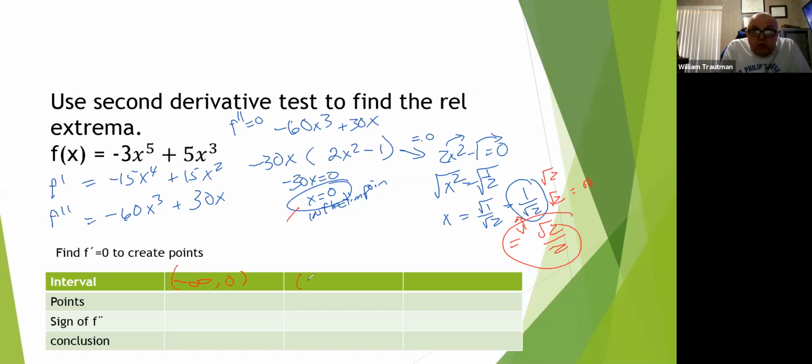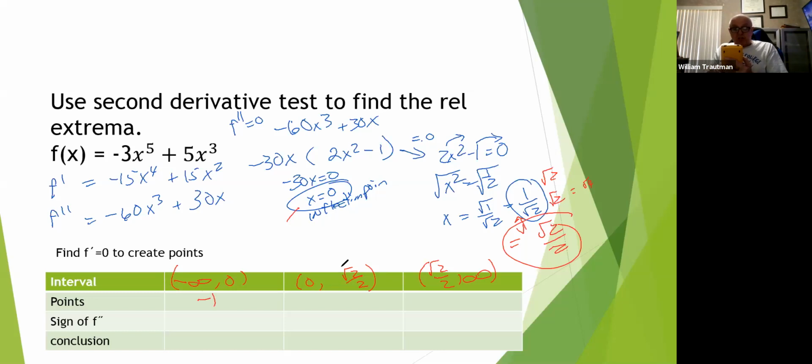Then we go from 0 to the square root of 2 over 2. And then we go from the square root of 2 over 2 to infinity. So those are our intervals. Find a test point in there somewhere. Negative 1. Square root of 2 over 2. It might be easier just to type that in your calculator first.